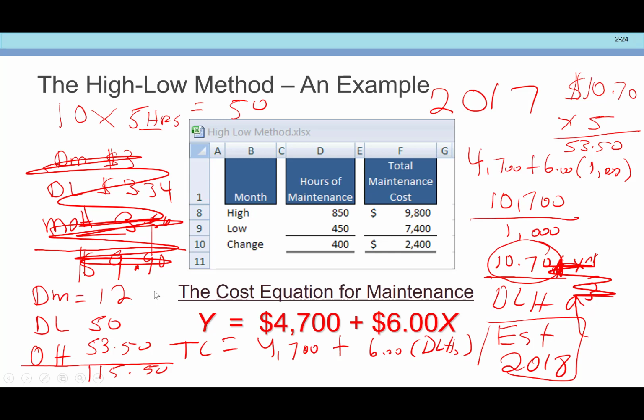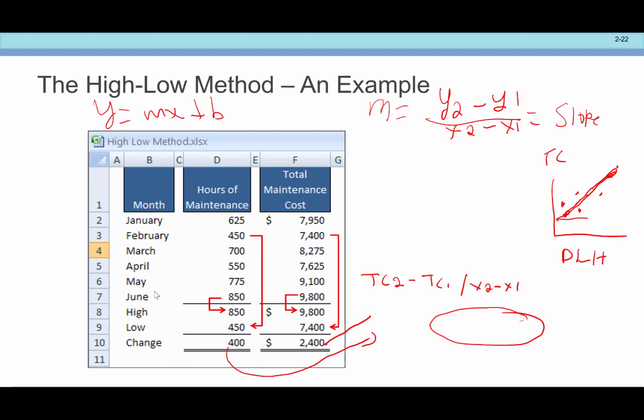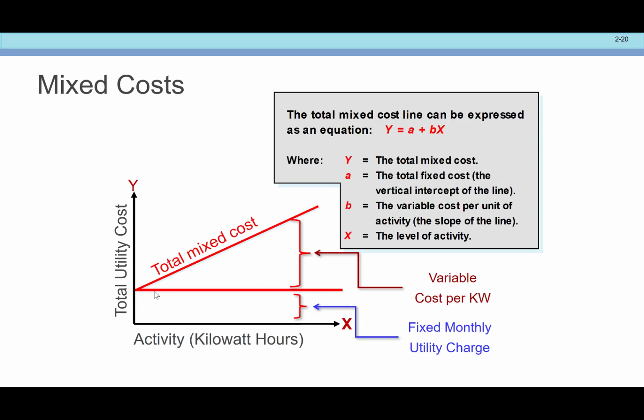Okay, so we treat our overhead as though they are a mixed cost, don't we? We treat our overhead as though they're a mixed cost because there's some fixed overhead costs, there's some variable overhead costs, and there's some that are actually mixed, aren't they? So they behave like this.